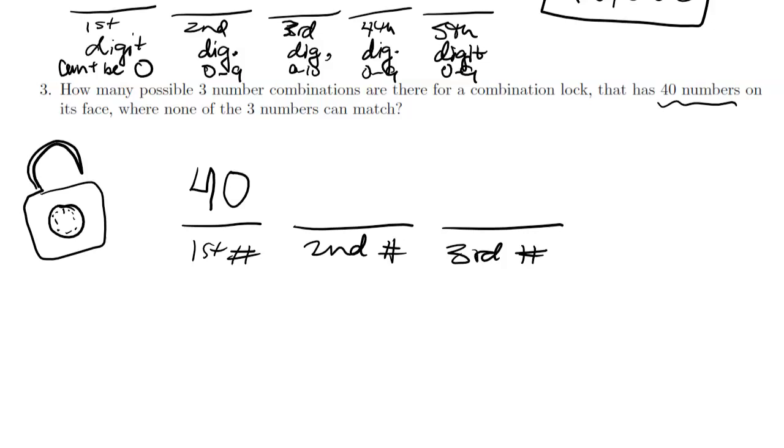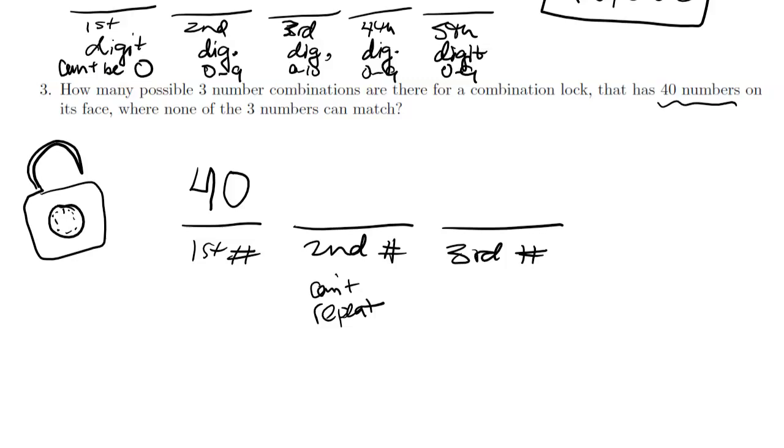When we get to the second number though, let's think about what we said. We can't repeat. I can't have any matching numbers. So if I think about how many options there are, well, my original pool was 40 numbers and I picked one of them.